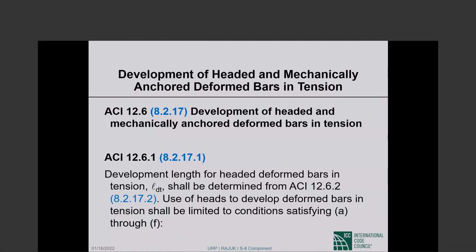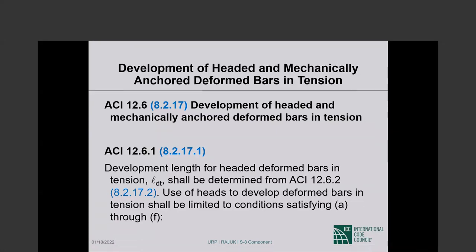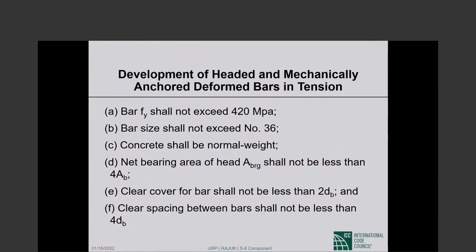Use of heads to develop deformed bars in tension shall be limited to conditions satisfying A through F. So you cannot use headed bars in all situations. You have to satisfy conditions A through F. A, bar yield strength shall not exceed 420 MPa. Bar size shall not exceed number 36.